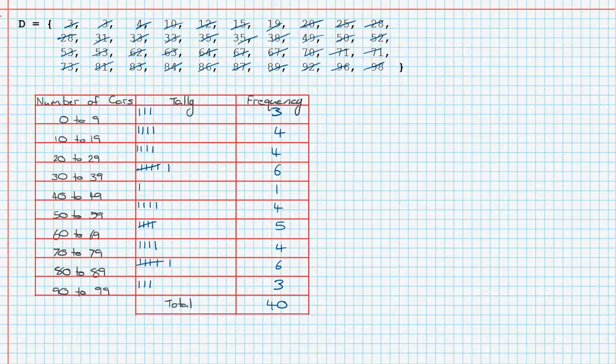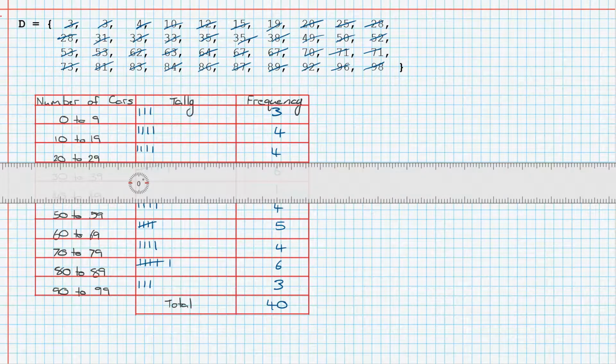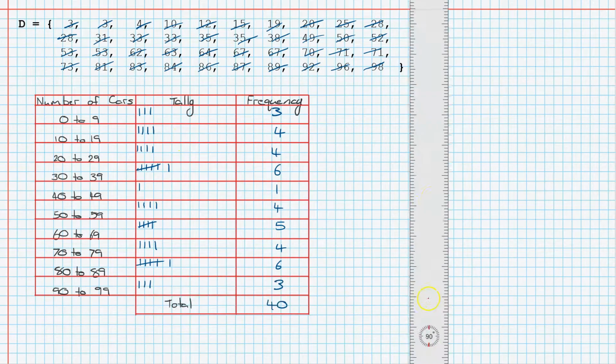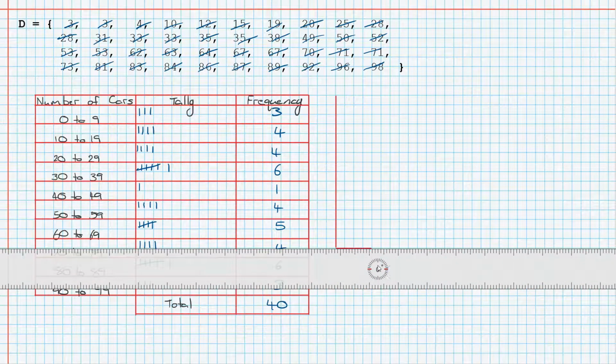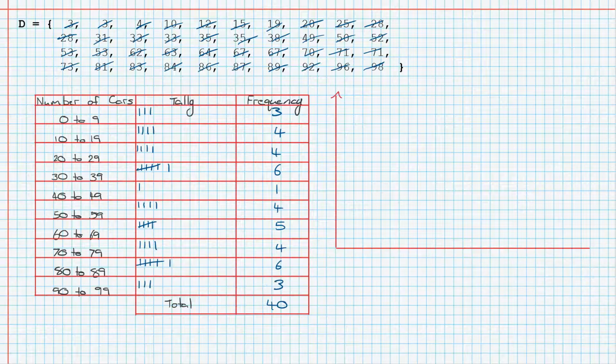Alright, so the next thing we want to do is build a column graph using the data that we see here. That's simply going to be a case of doing it similarly to last time. Cool. Now, the next thing I need to do is sort out my bins. So this will be 0 to 9.